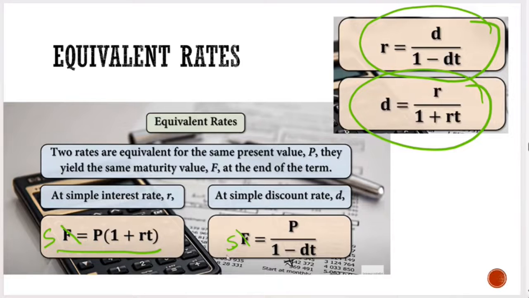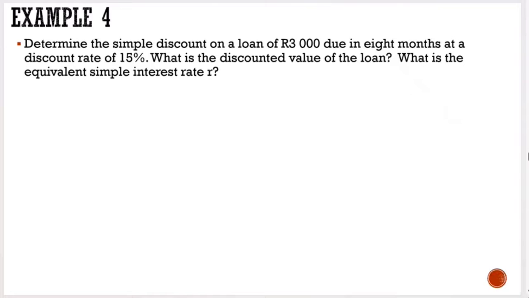Okay? So having said that, here is an example. This example is saying determine the simple discount on a loan of 3,000 due in 8 months. So determine a simple discount on a loan.